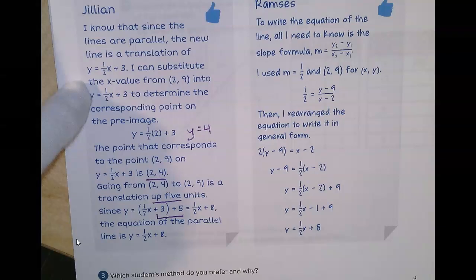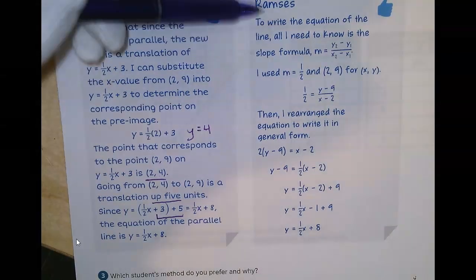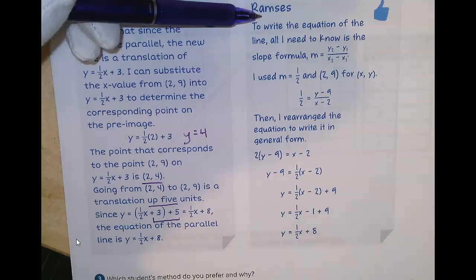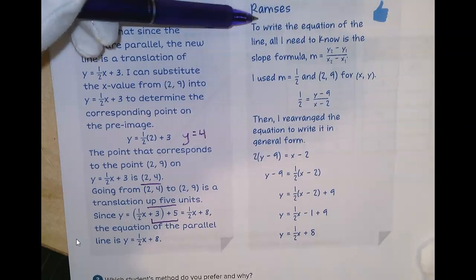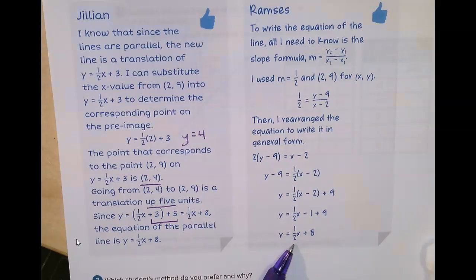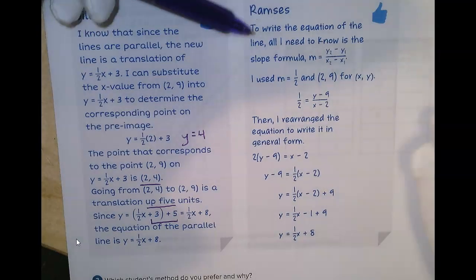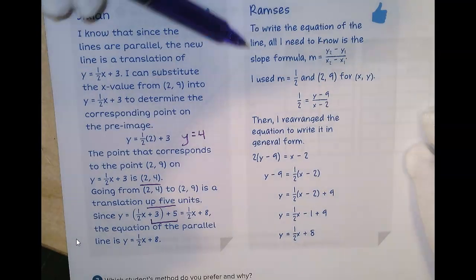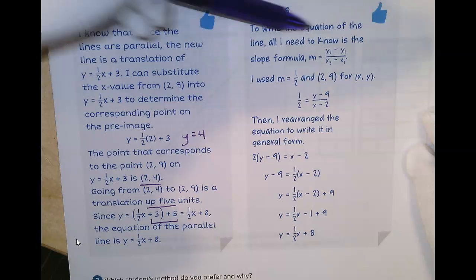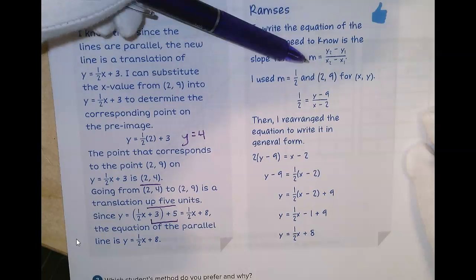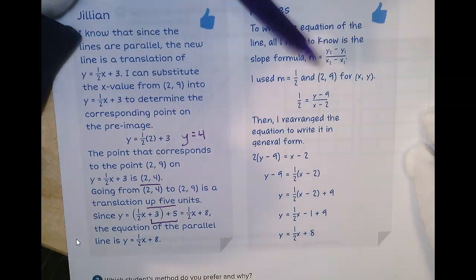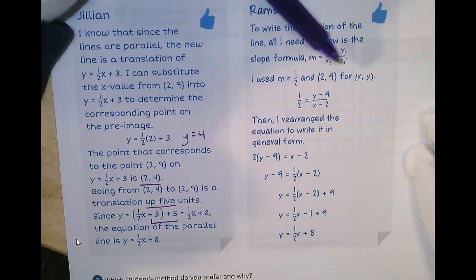Okay. There's also Ramses' process. So Ramses follows a different method, but look, they both get the same answer. They come up with the same equation. Okay? So let's look at Ramses' method. To write the equation of the line, all I need to know is the slope formula. Slope is subtract the y's over subtract the x's.